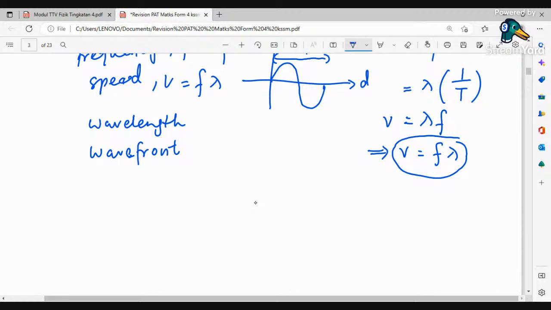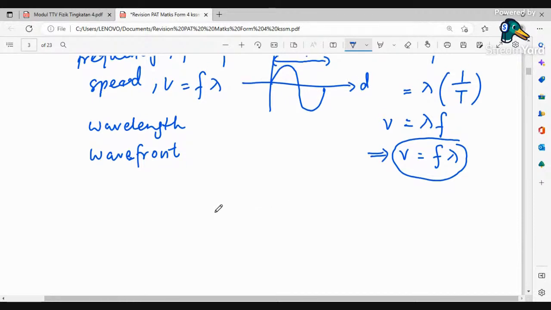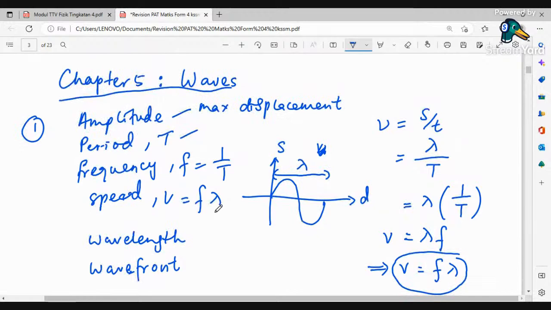Wavefront is a line that joins all points which are in phase. So you are all introduced to important terms for waves, so that later when we discuss the question, you know what the question is about. You must know all the important terms in this topic.